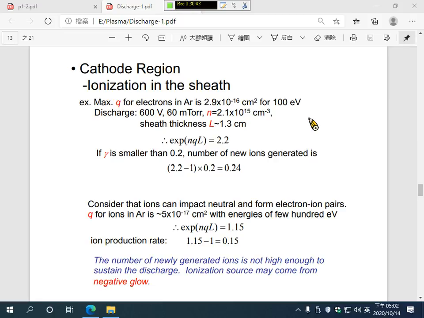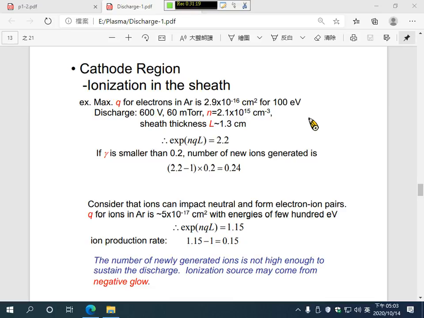So just by the processes Chapman mentioned, the electron coming out from the cathode surface and ionization of gas inside the cathode layer, by just using these two effects to estimate the newly generated ion and electron pairs, the number is equal to 0.24.